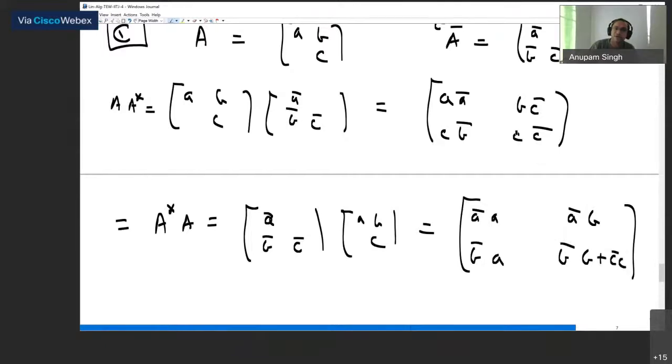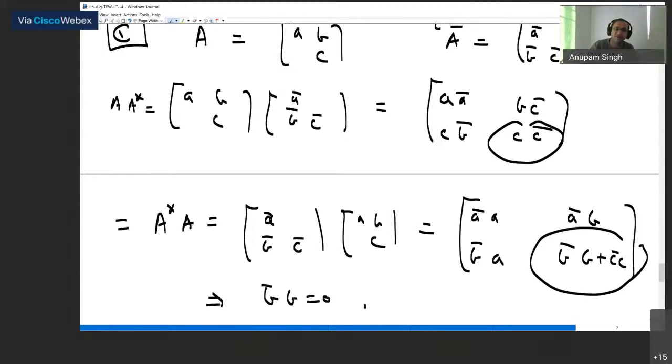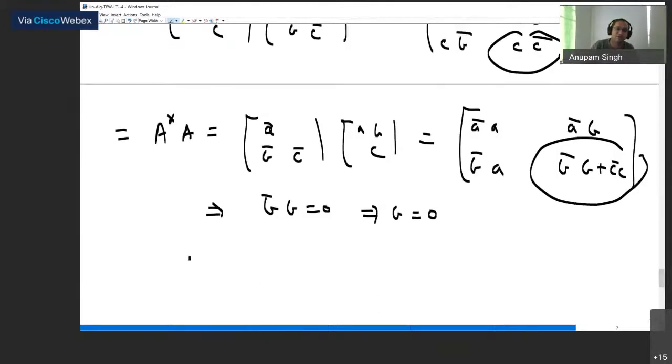Okay. Now look at this entry here. This will imply that b bar b is 0, which means b is 0, right? That exactly means the matrix is diagonal. So this implies A must be diagonal.